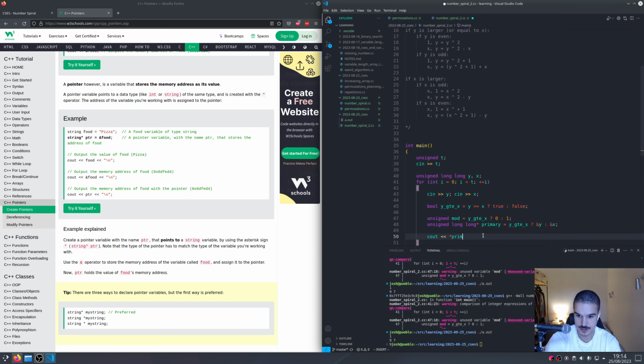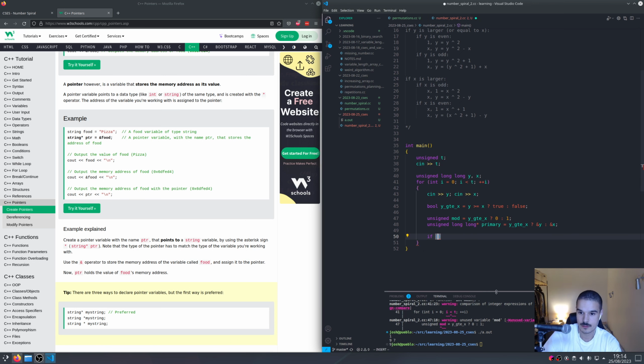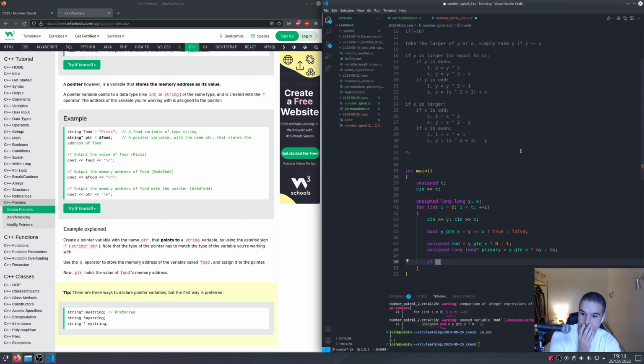So what we can actually say is if primary, with a modulus over mod, or actually over 2, is equal to mod.